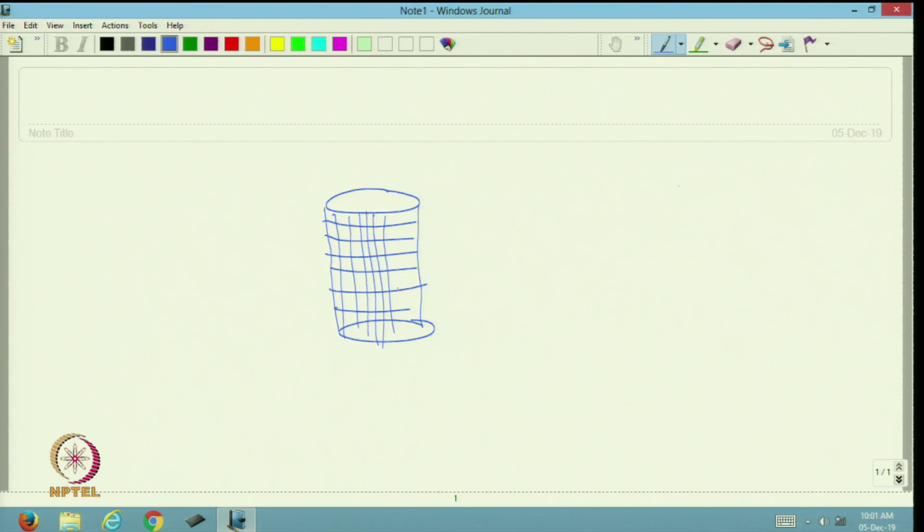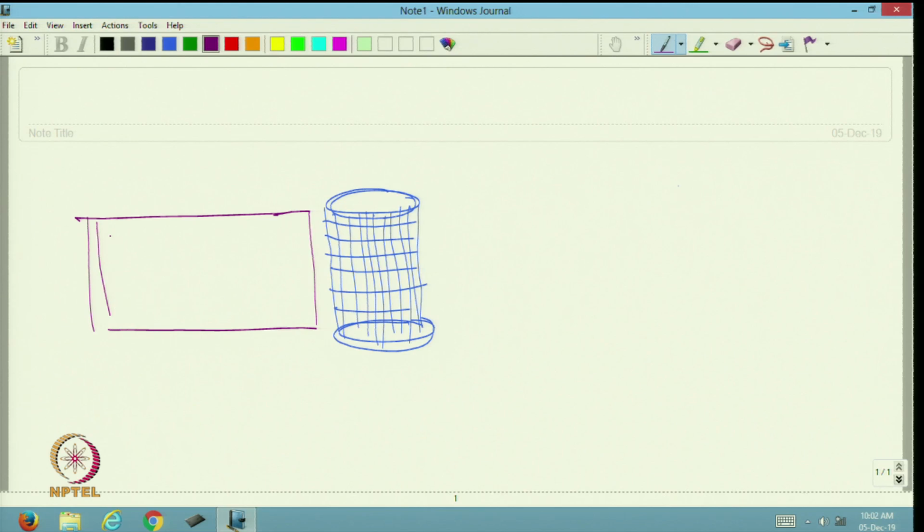This can be a metal mesh, or maybe a polymeric hollow cylinder with mesh. Now, on this we can wrap the filter fabric. It could be non-woven or woven.